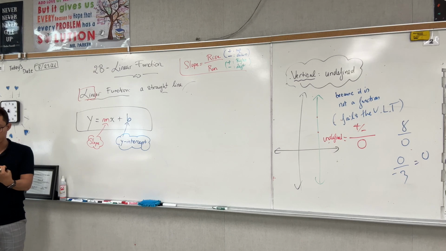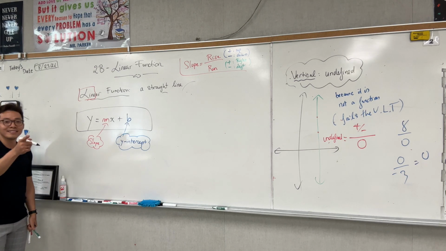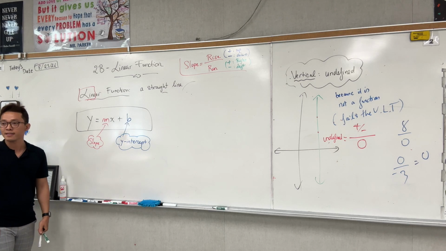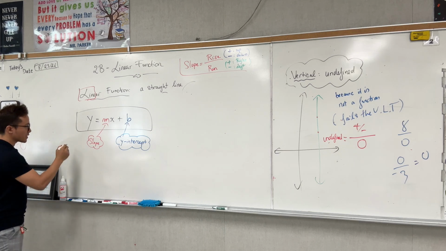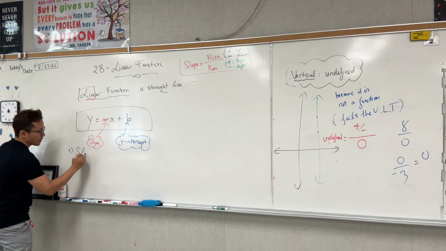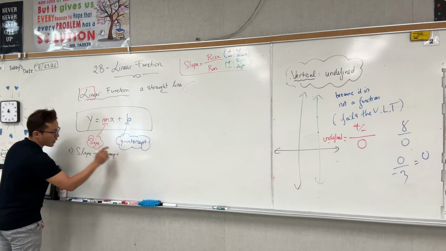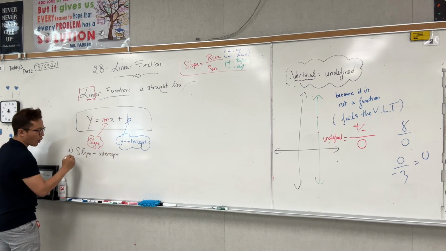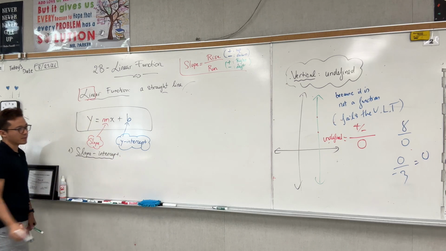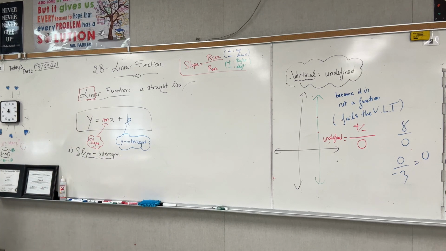What is the name of the form? Slope-intercept form. Makes sense, right? You can tell the slope, you can tell the y-intercept, so that's why I call it slope-intercept form. Okay?